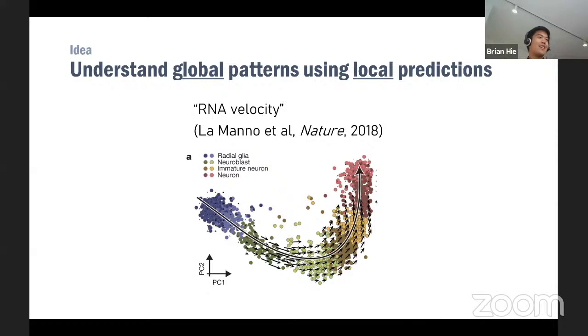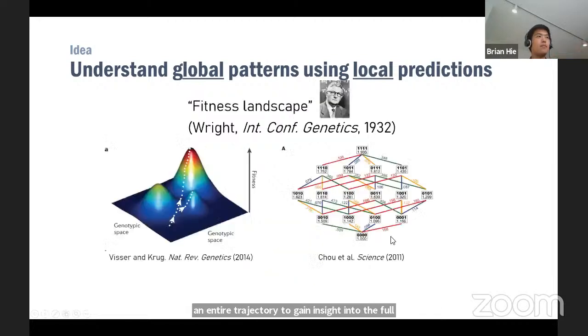If not, it's not a big deal, but with RNA velocity, you just try to predict locally the transcriptome that is nearest to you in the future state via splicing kinetics. And then these local transcriptomic predictions can be assembled across an entire trajectory to gain insight into the full directionality of, say, cellular development.